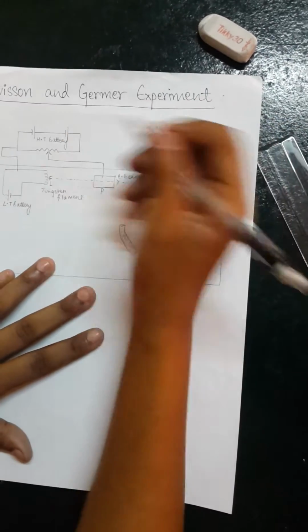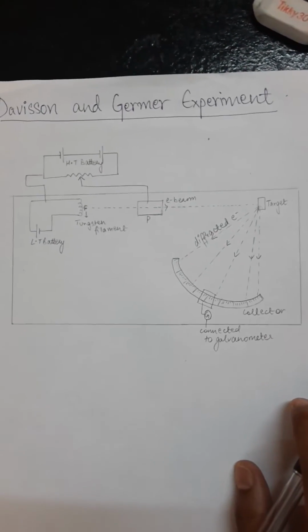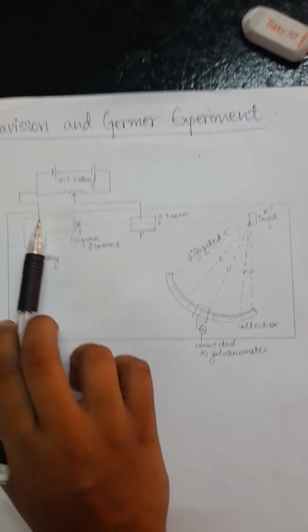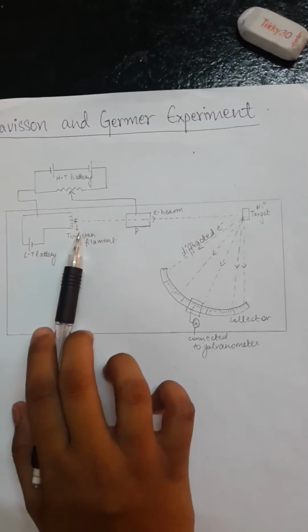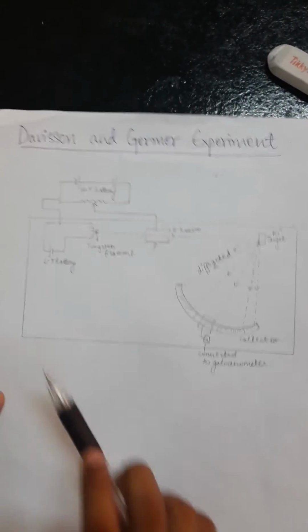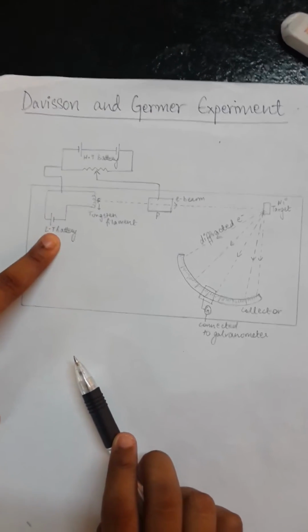So this is the diagram, the setup for the Davisson and Germer experiment, where this is the nickel target. This is the electron gun from where the electron beams are emitted. This is a tungsten filament. We connect the slits to a high tension battery and the filament to a low tension battery.